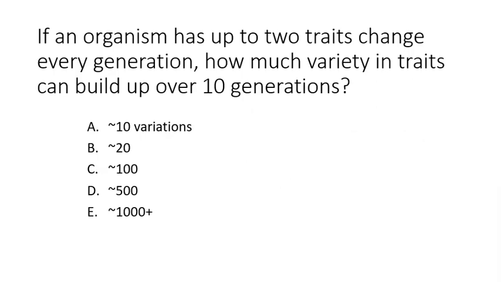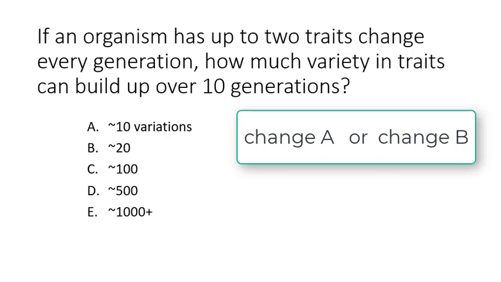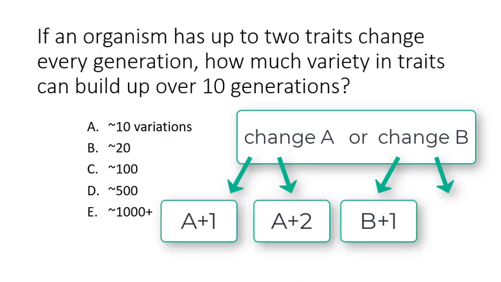Changes can build up exponentially. In the first generation, the population could have 0 changes, 1 change, or 2 changes. In the next generation, those that had no changes could then have an additional no change, 1 change, or 2 changes. Those that had 1 change in the first generation could have 0, 1, or 2 changes in the next generation, and so on.